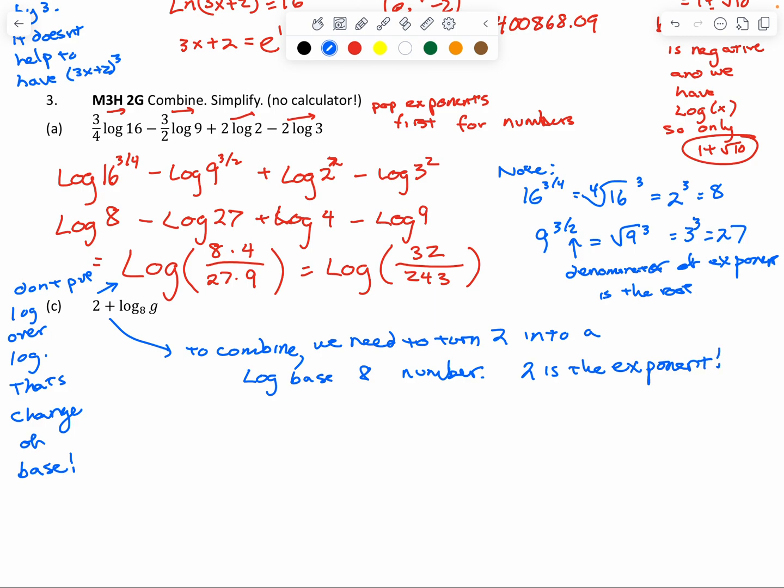So log base 8 of 8 squared is 2. Oh, so that becomes relatively easy.